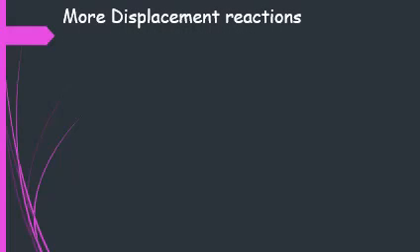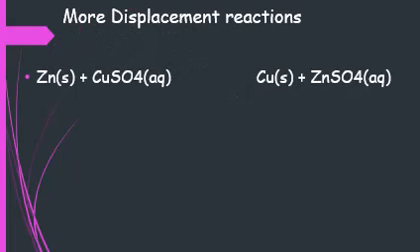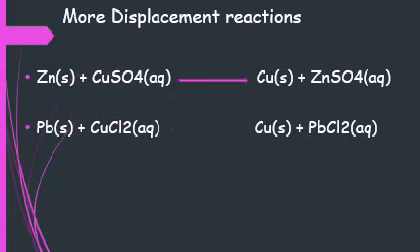More displacement reactions. You can see zinc plus copper sulfate gives you copper plus ZnSO4. Pb, that is lead, plus CuCl2, copper chloride, gives you copper plus PbCl2.